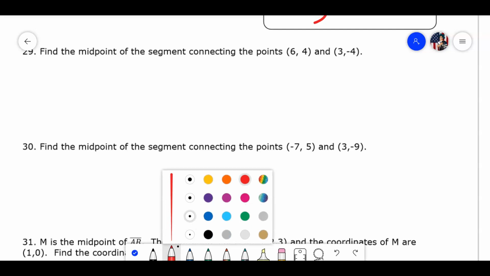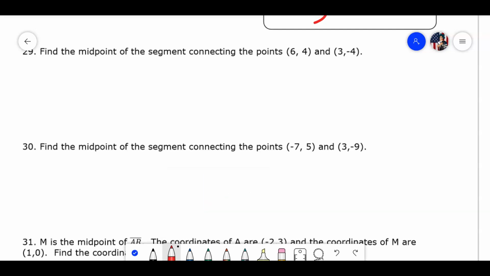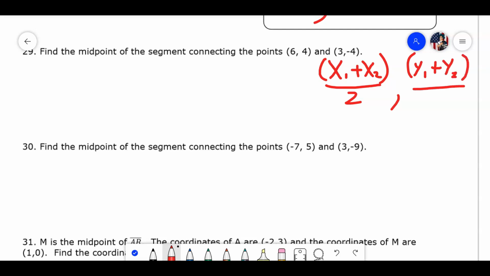All right, so the midpoint formula, given two points, is x1 plus x2 divided by 2, and then y1 plus y2 divided by 2. So you're basically averaging your two x values by adding them up and dividing by 2, and then you're adding up your two y values and then dividing them by 2.